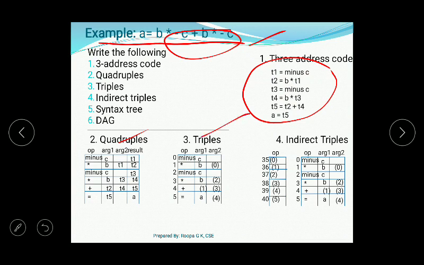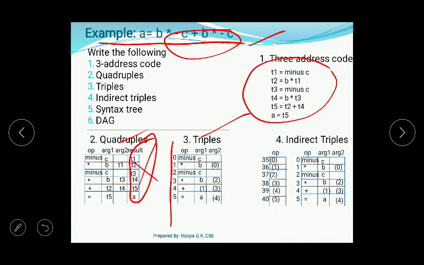Now second one is triple representation. We don't have the result field. Result field is not there. Other 3 are same, op, argument 1 and argument 2. Instead of result you have index like this 0, 1, 2, 3, 4, 5. First one, consider minus of C. Operator is minus. Argument 1 is C. There is no second argument. Blank.